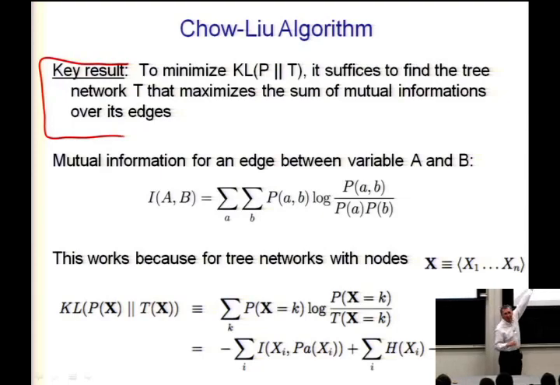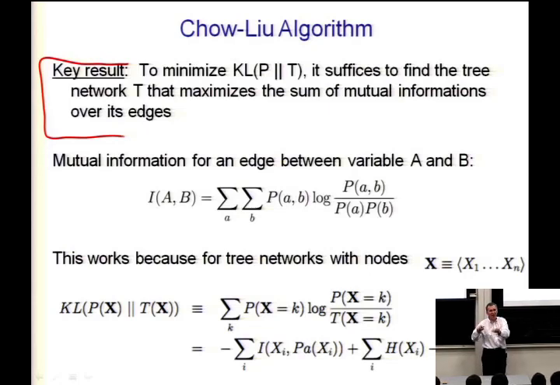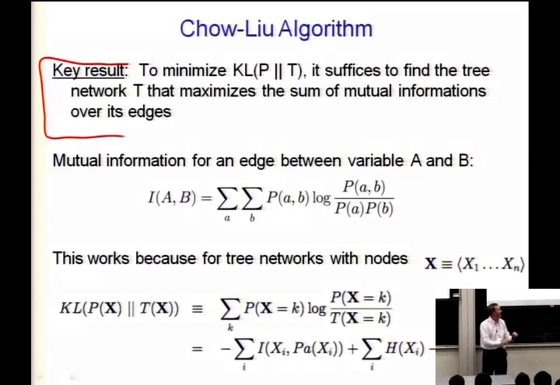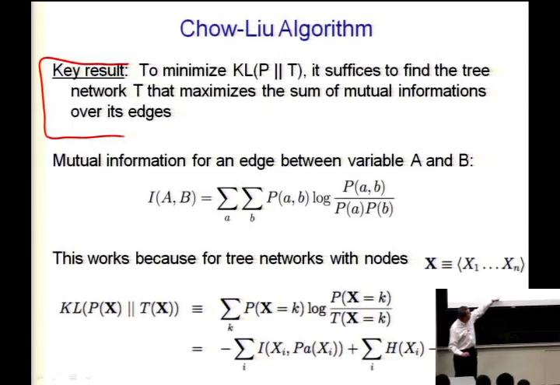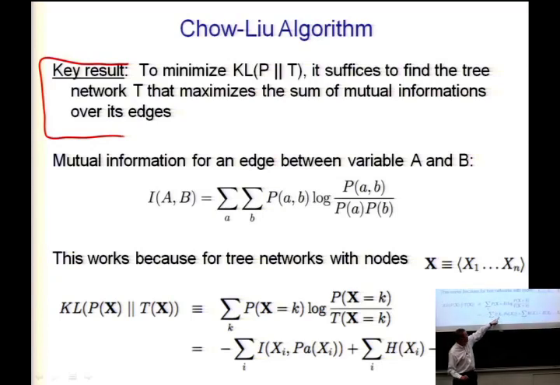So mutual information, you remember, we've talked about that as early as decision tree lecture, and you've seen it several times since. And here's the key. The reason we can substitute this sum of mutual informations and maximizing that for minimizing the KL divergence is because of this very nice result that says the KL divergence, which again is defined this way, is also equal to, for a tree structured network, the sum over every node of the mutual information between that node and its parent.